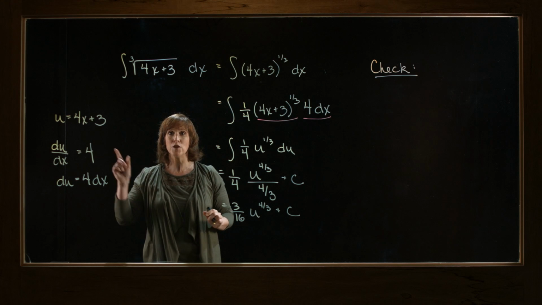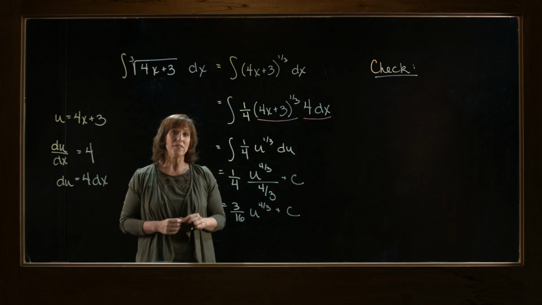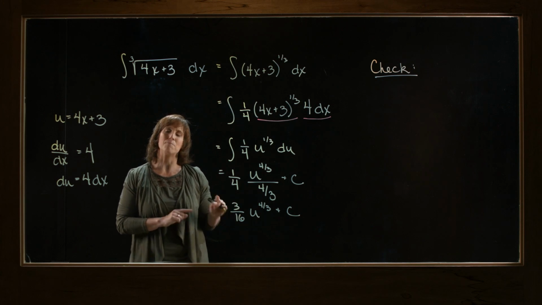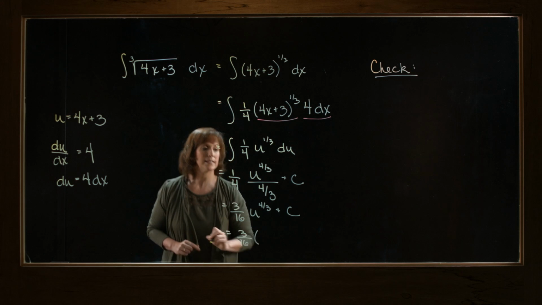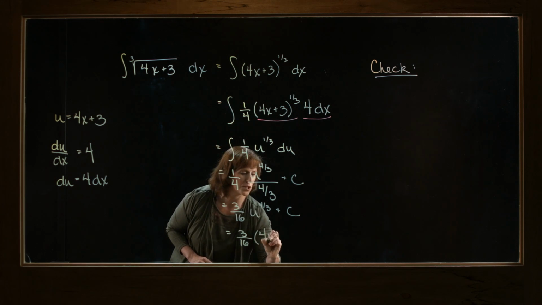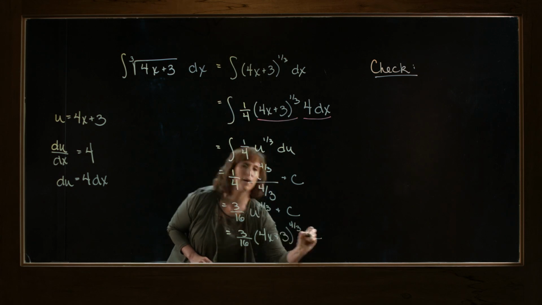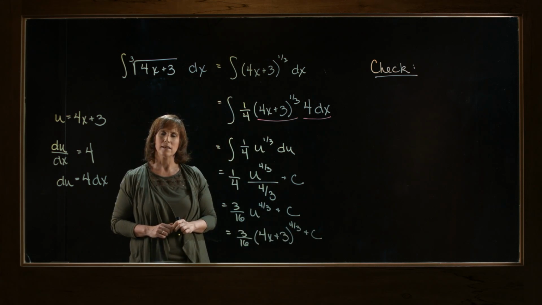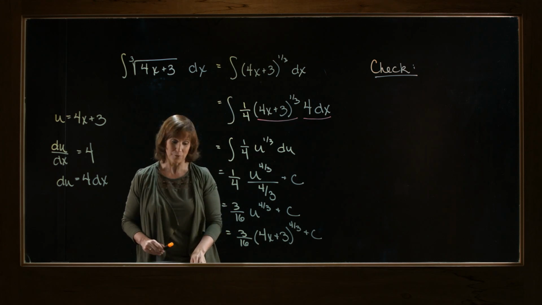Now the whole purpose of the u's was to help me to integrate. Integration's over. So now that that's true, I can substitute my x's back into the problem. And I have 3/16 times the quantity 4x plus 3 to the 4/3 power plus my constant. All right, this problem was a little complicated, so let's check our solution by differentiating.